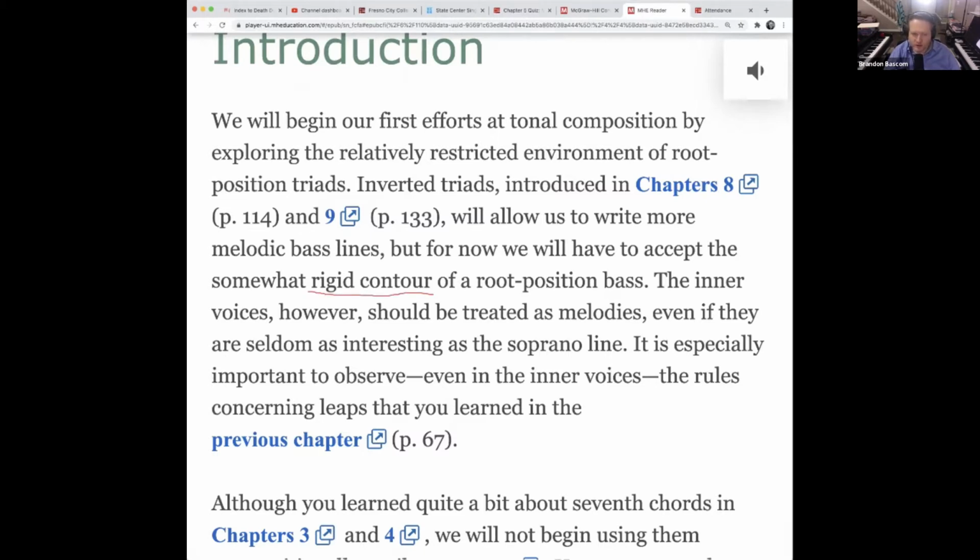So everything is in root position in this chapter. The inner voices should be treated as melodies, even if they are seldom as interesting as the soprano line. It is especially important to observe, even in the inner voices, the rules concerning leaps that you learned in the previous chapter.